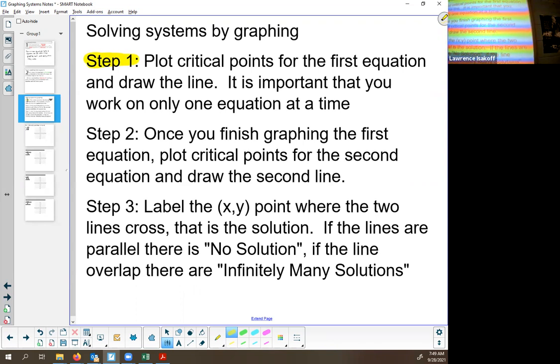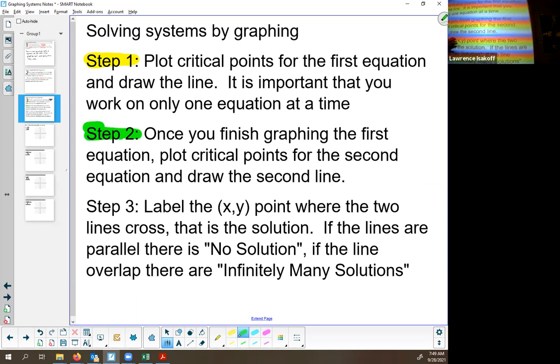It is important that you only work on one equation at a time. Again, first step, very simplified, draw the first line. Second step, very simplified, draw the second line. Step 2 says, once you finish graphing the first equation, plot the critical points for the second equation and draw the second line.